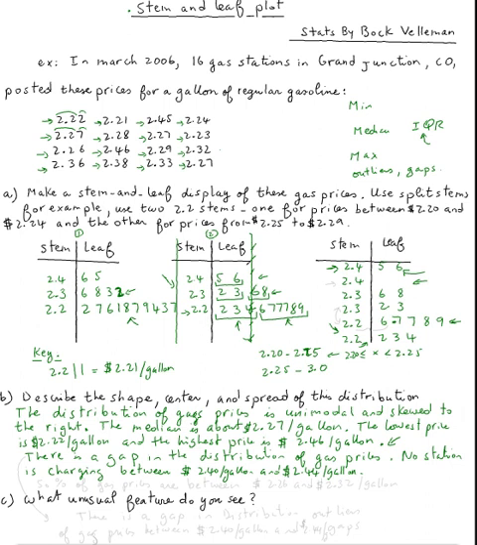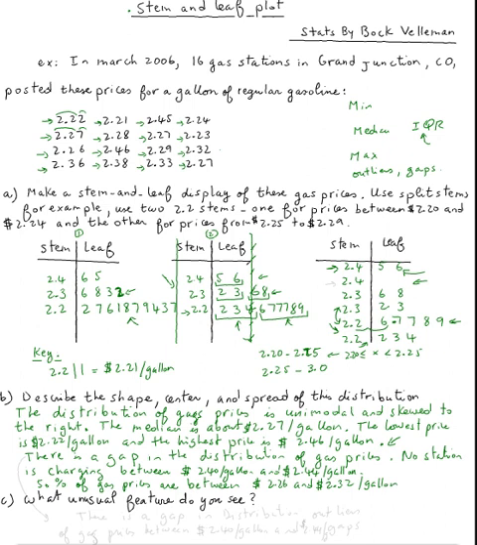So let me write it here. 50% of gas prices are between, and you can tell it's all of it here, $2.26, right? First number right here, $2.26 and 2.32, kind of. Doesn't have to be perfect, but close enough, per gallon.